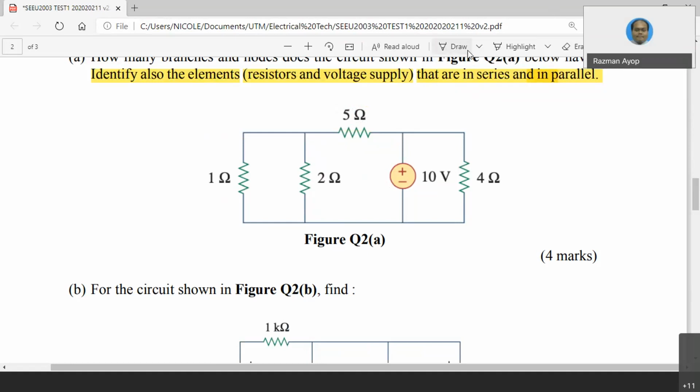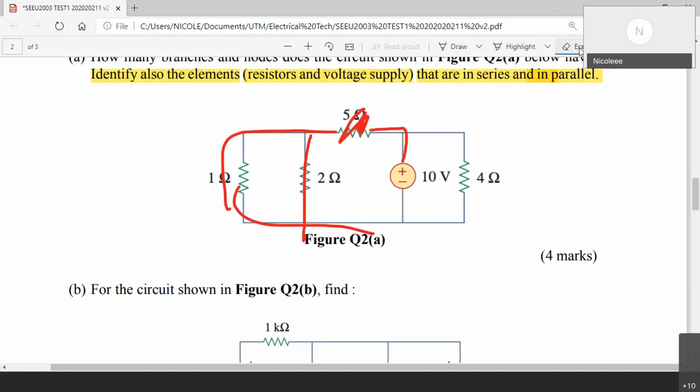But if you answer this one in parallel, I will give you the mark. No need to worry. I just want to understand, because if these two burn, the current cannot flow through this, right? So I would think it's in series.